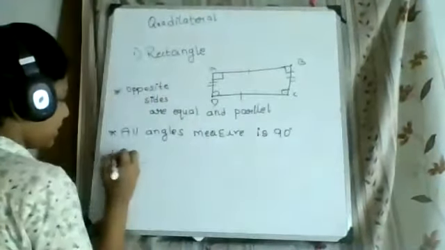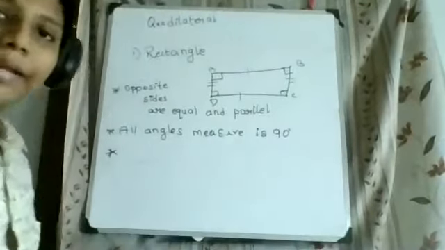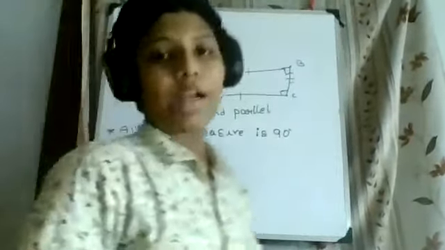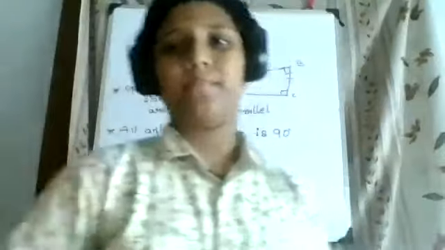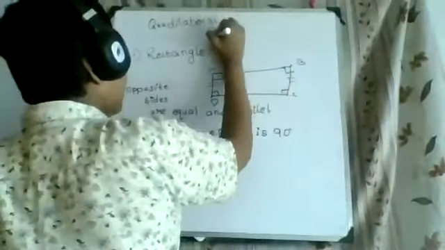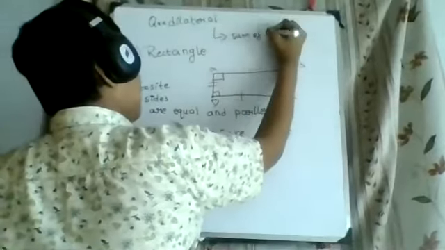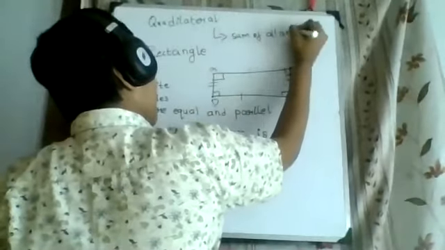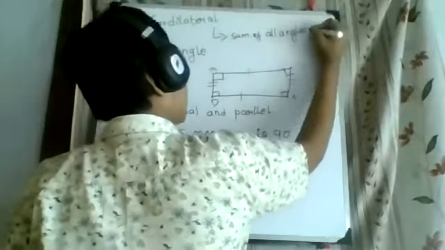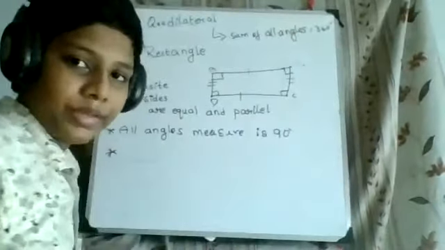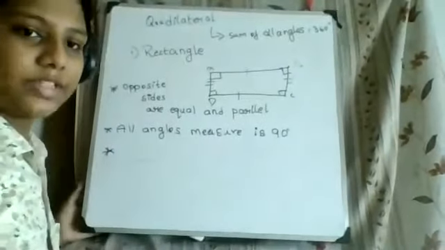And one more thing about a quadrilateral: the sum of all angles of a quadrilateral is 360 degrees. This is one more point of quadrilateral which I forgot.